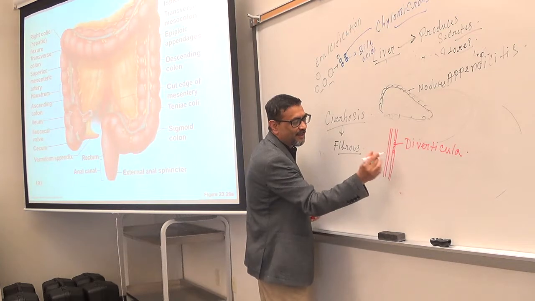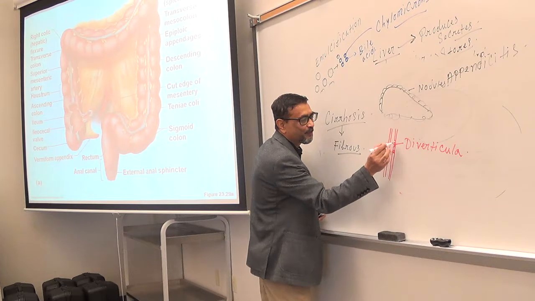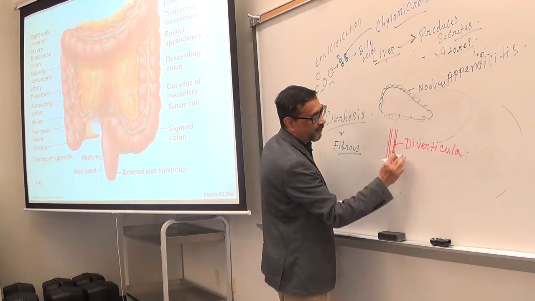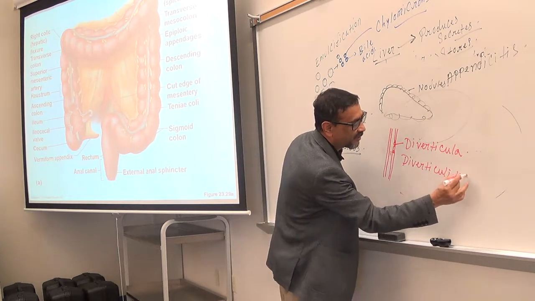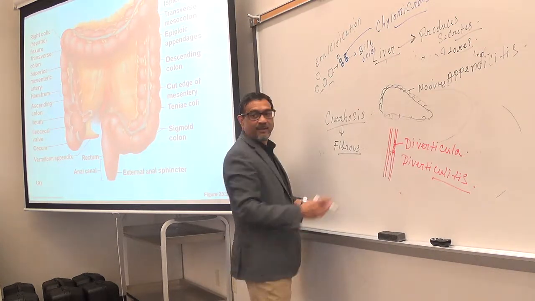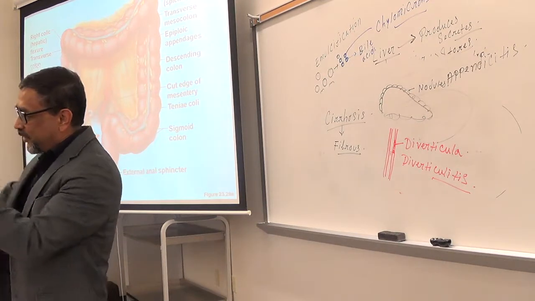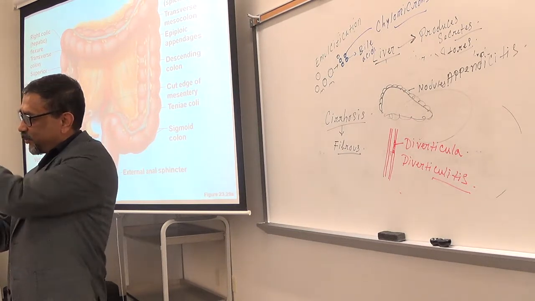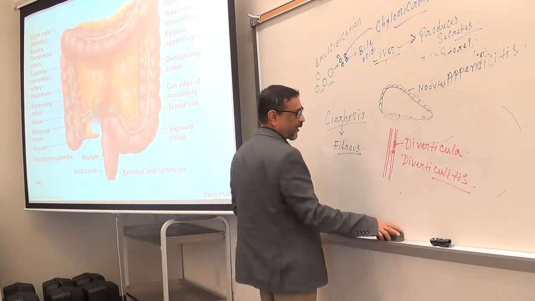And the fecal materials enter into those tiny pockets and cause infection, make them infected, and that is called diverticulitis. Itis is inflammation, okay? So in the wall of the intestine, many tiny pockets are formed and they enter into the muscular layer like this, and fecal materials enter and infect those diverticula. That is called diverticulitis.